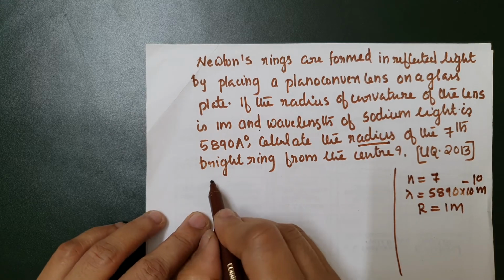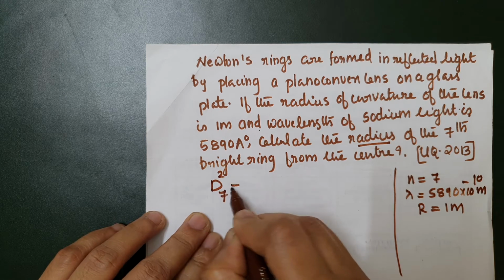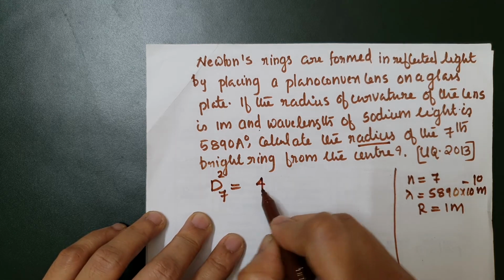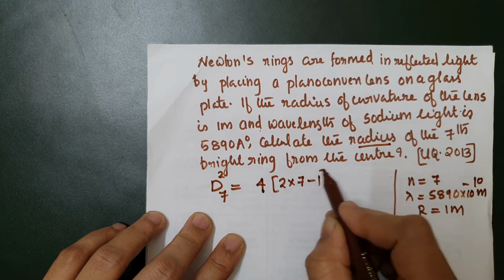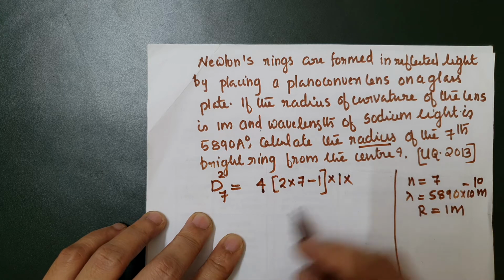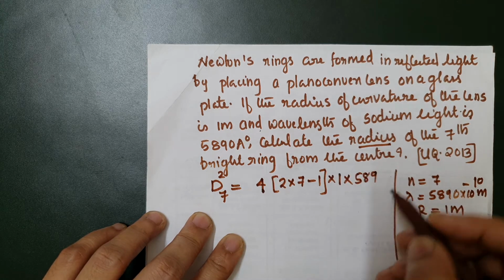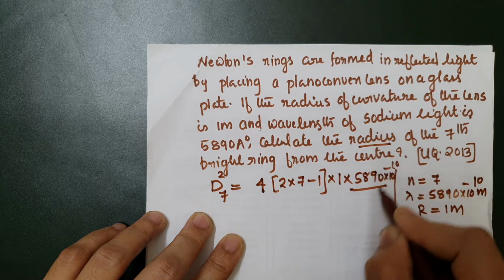Then the condition for the 7th bright ring: d square 7 is equal to 4 into 2 into 7 minus 1, into 1, into lambda 5890 into 10 raised to the minus 10, divided by 2.